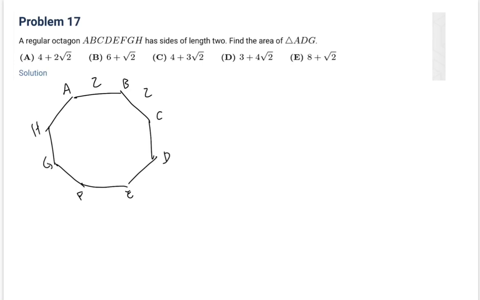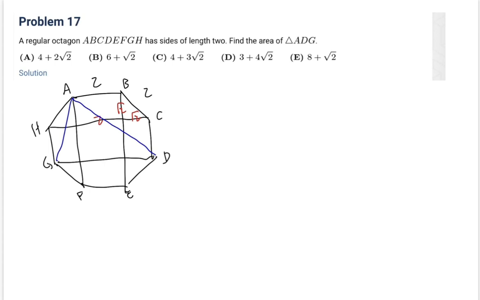And so ADG. If we put in some lines, then it becomes clear that this is 2, since it's right here, and since this is a 45, 90 triangle, this is root 2, this is root 2, and so the area of ADG would be this triangle right here, correct?